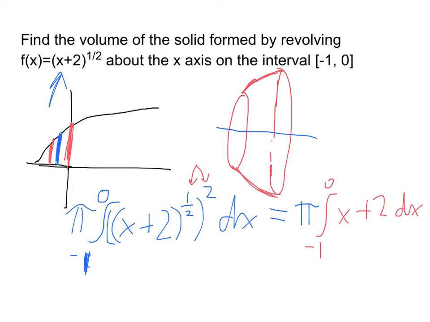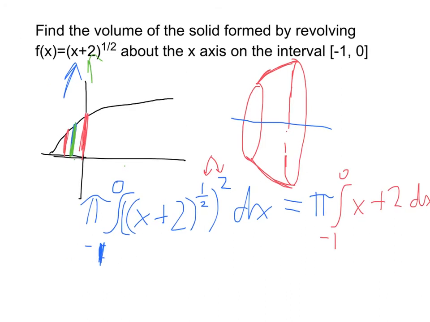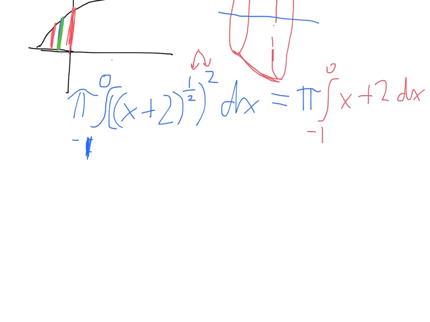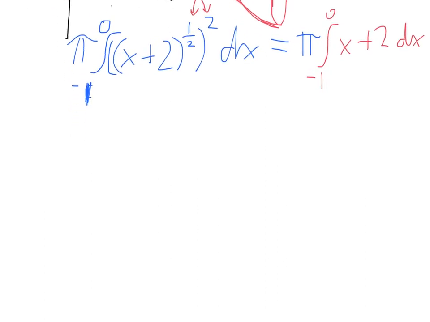And for most of these problems, the radius is simply going to be the distance from the x-axis to the curve, which is always just going to be the function value. If we move our axis of rotation off of the x-axis, suppose we were going to rotate this exact curve around the line x equals -1. Well, if we were to rotate around x equals -1, our graph may still look the same.